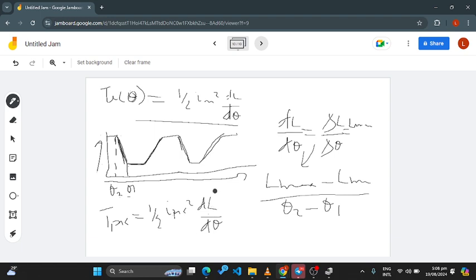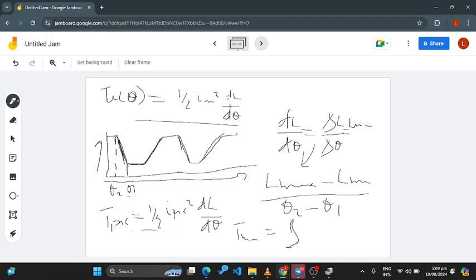Okay. Then if we know the peak torque, we would like to know the mean or the average torque. The mean torque is given as what? If I want to find the mean of a signal, I just find the area under the signal divided by the period.